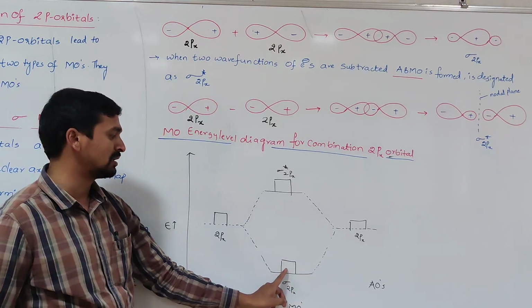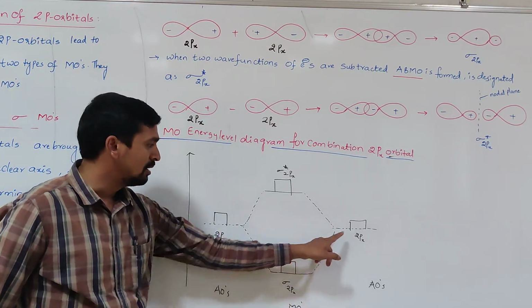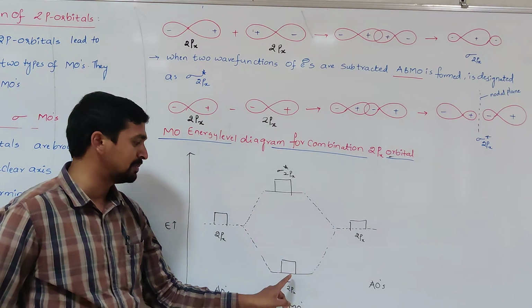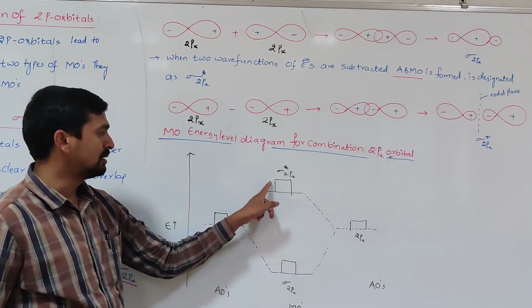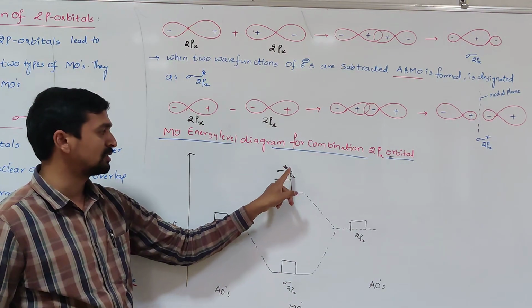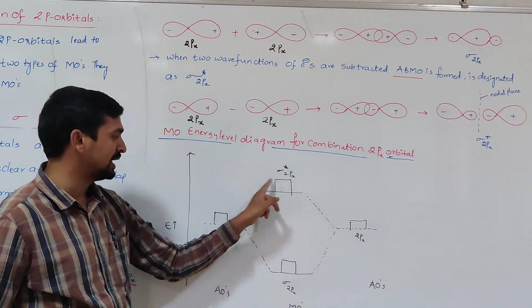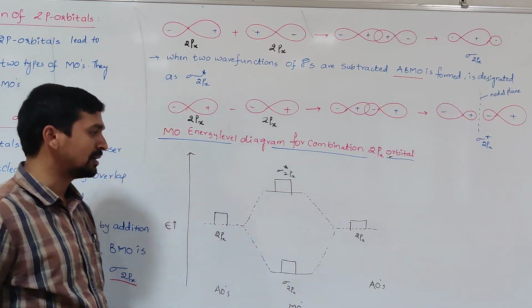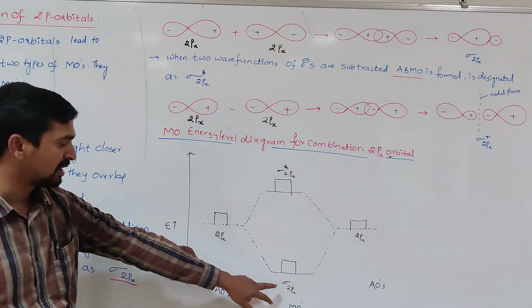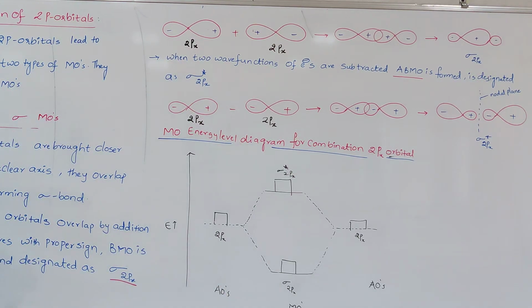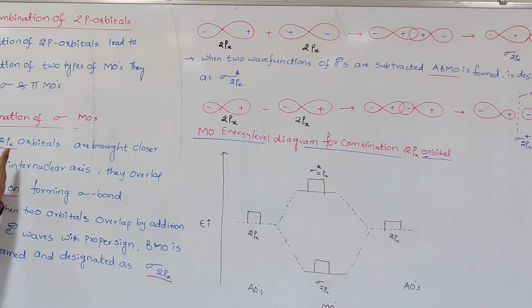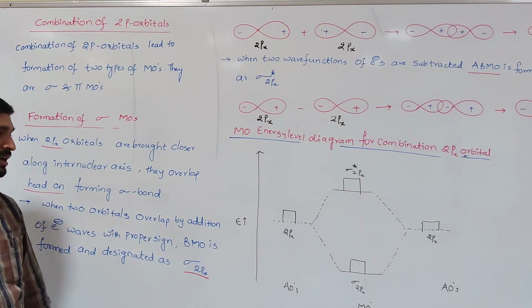One is the bonding molecular orbital, which always has lower energy than either of the atomic orbitals, and the anti-bonding molecular orbital sigma star 2px, which has higher energy than either of the two atomic orbitals. Here we write sigma because head-on overlapping takes place, since the x axis is the internuclear axis. Keep that in mind. Might be in your previous classes I explained the z axis as the internuclear axis, but here I will take the x axis as the internuclear axis, and that is your choice.